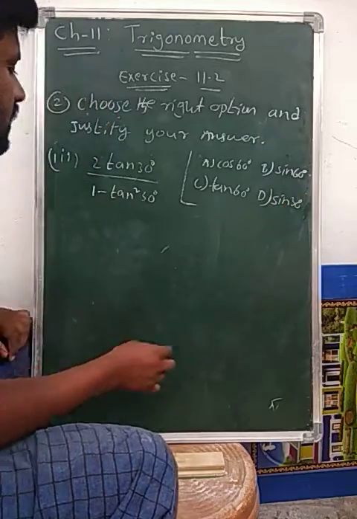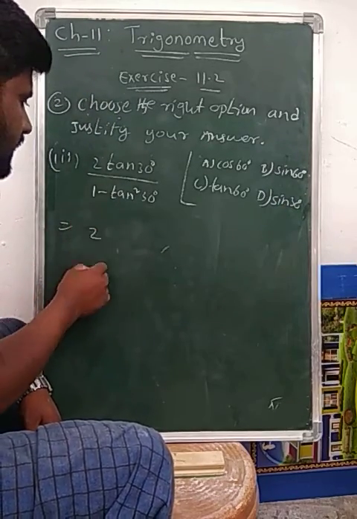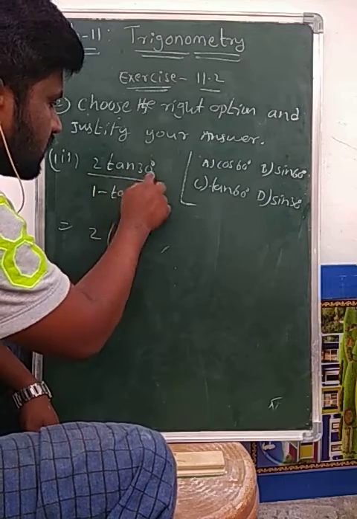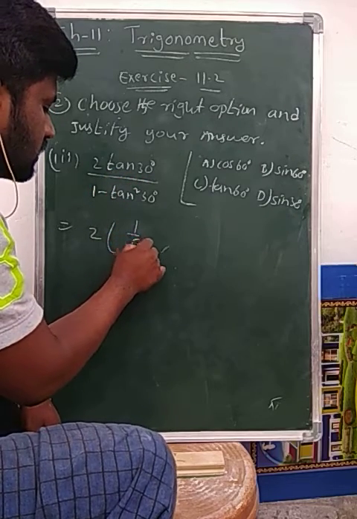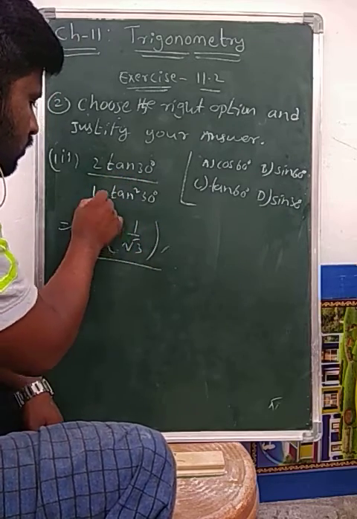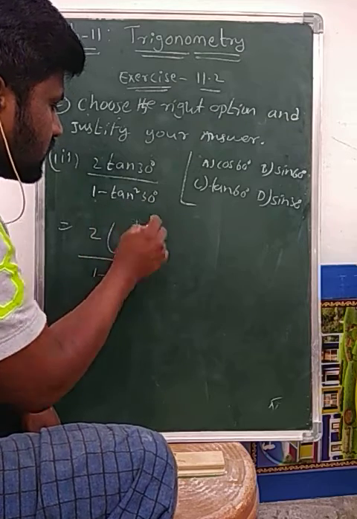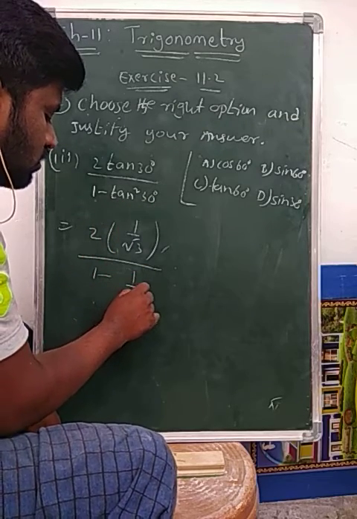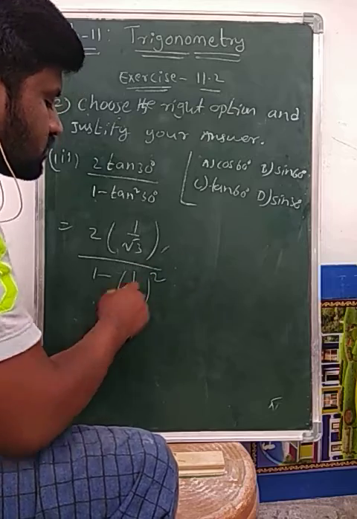Okay, now see here, we know tan 30 is 1 by root 3. So 2 into 1 by root 3 is 2 by root 3, by 1 minus tan square 30 degrees, that is 1 by root 3 whole square.